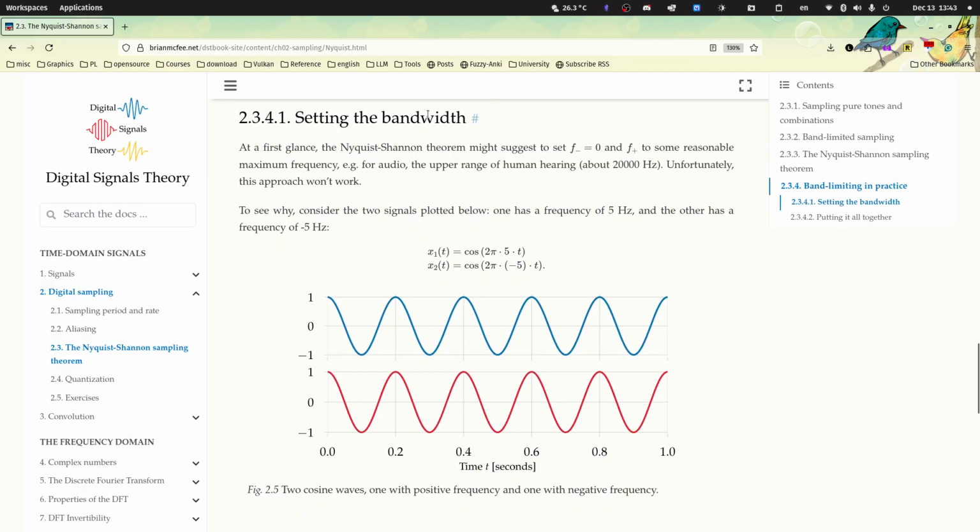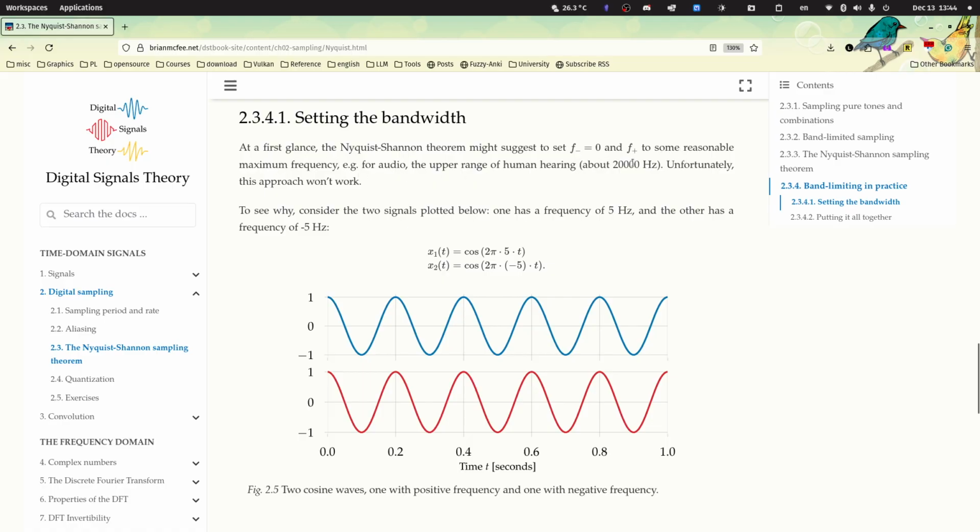Anyway, setting the bandwidth. At first glance, the Nyquist-Shannon theorem might suggest that we set f minus equal to 0 and f plus to some reasonable maximum frequency.